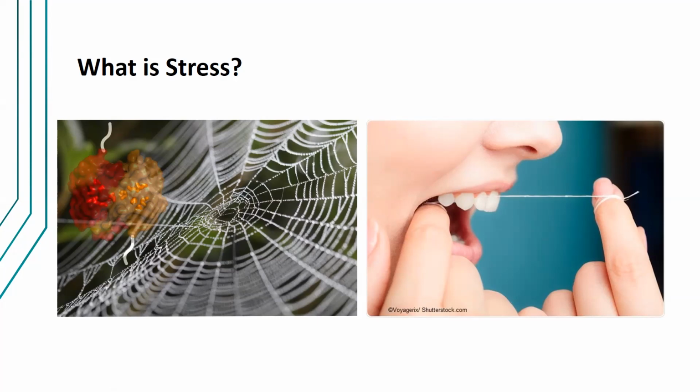So why is that? The difference is that floss is much thicker than spider silk. If you take a bunch, for example, of spider silk with a total thickness equal to the floss, then it would be more resistant to breaking than your dental floss.